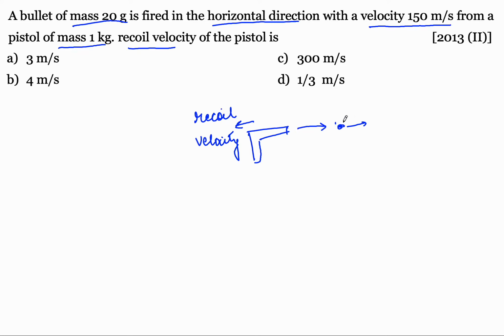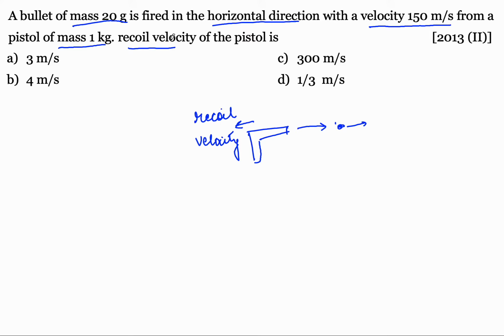In this case, moving of the bullet in forward direction is the action. And what will be the reaction? Reaction is the movement of pistol in backward direction. So law of conservation of momentum is based on Newton's third law of motion. This was the momentum conservation theorem.